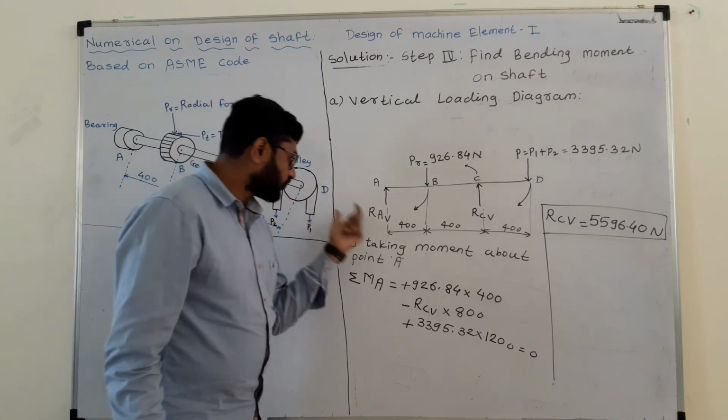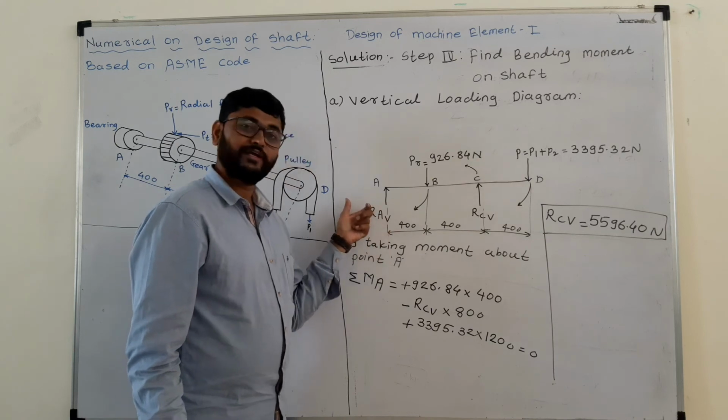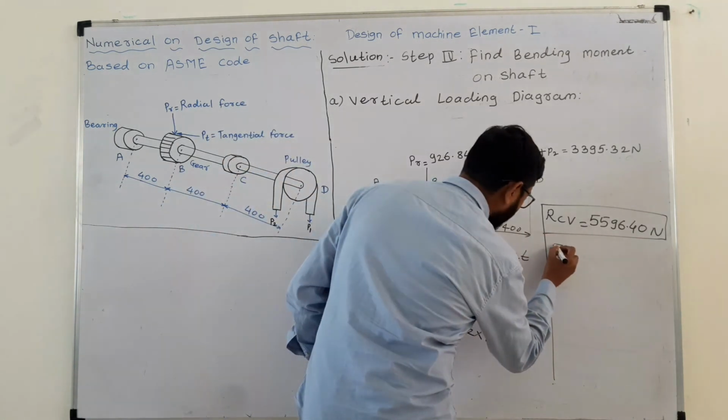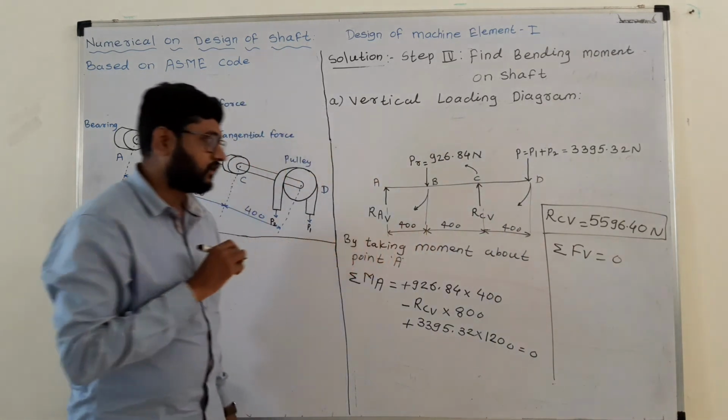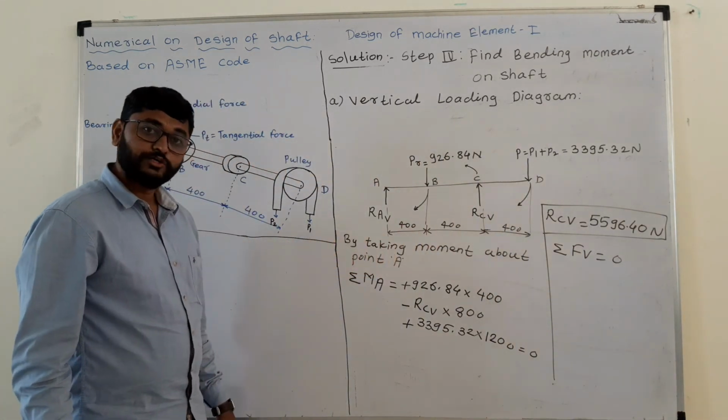Then next, how to find the reaction at point A? By considering summation of all vertical forces is equal to 0.